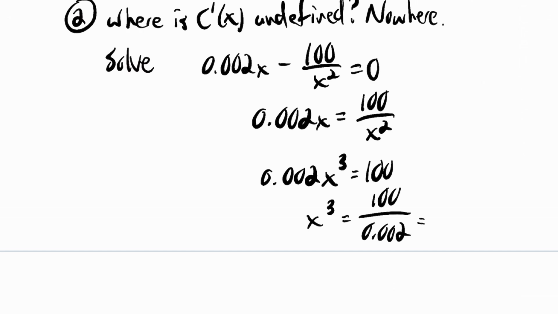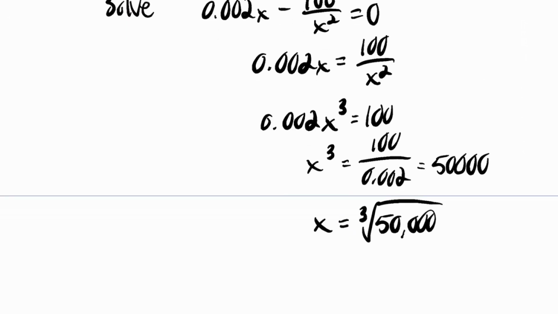This is the same as, I believe, 50,000, because the reciprocal of 0.002 is 500. And then we can solve for x. x equals the cube root of 50,000.